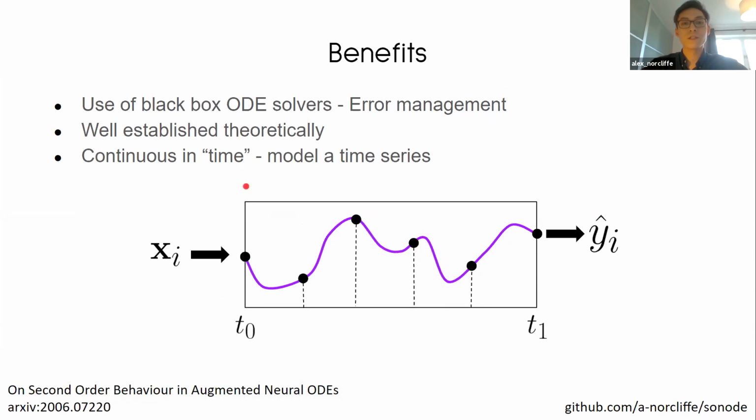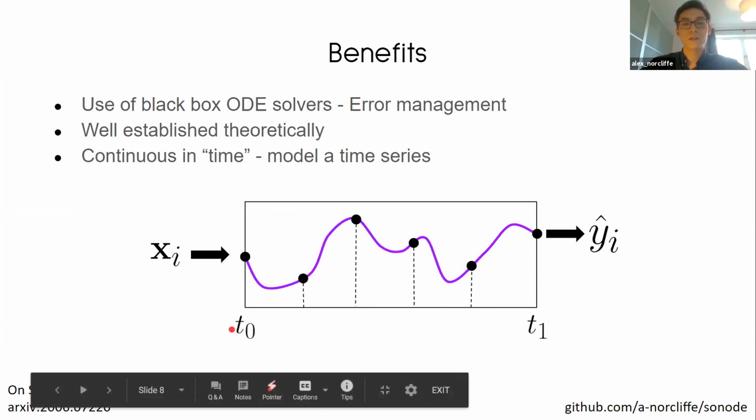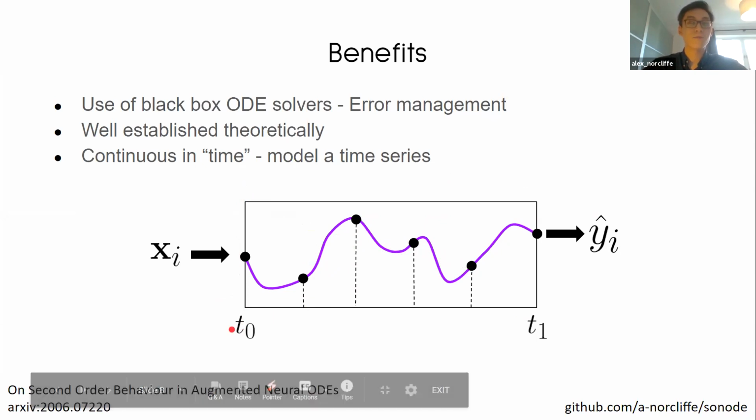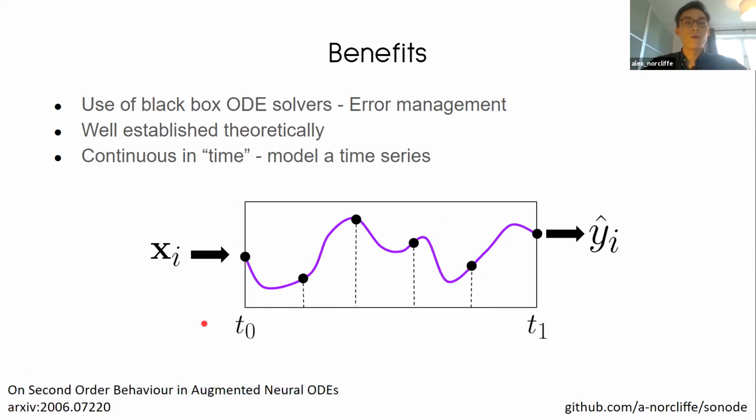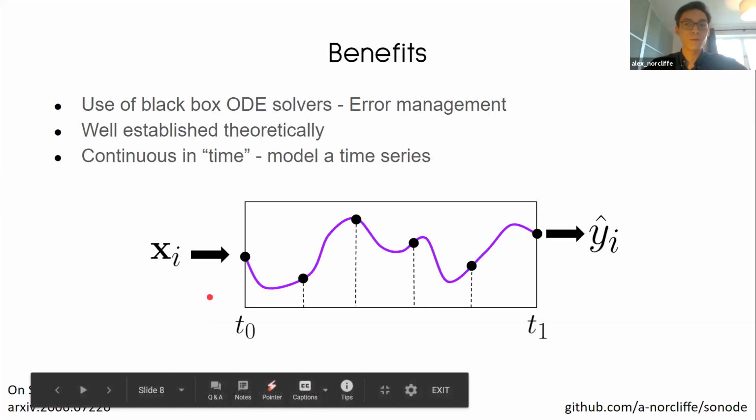So if we get a time series, T does not just have to be the network depth, but it can represent the time there. That's where I think these neural ODEs will become very good, because ordinary differential equations were built to model time series. And adding a neural network on top will just make them better.